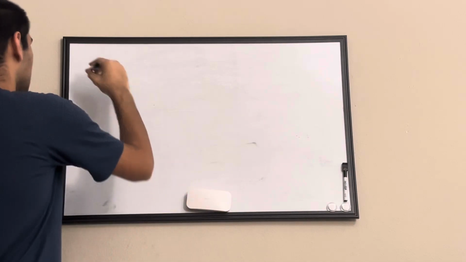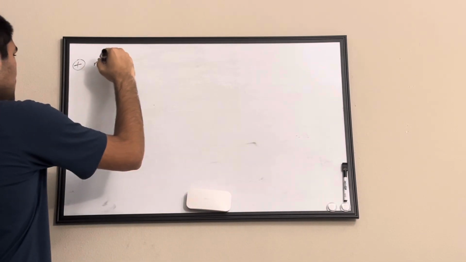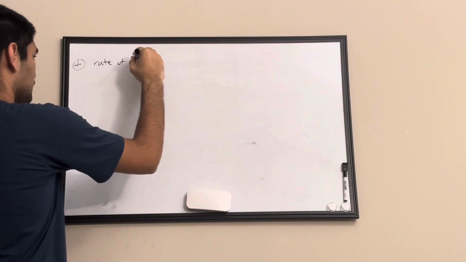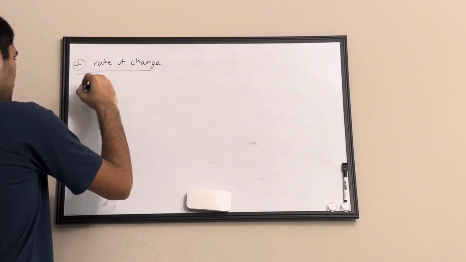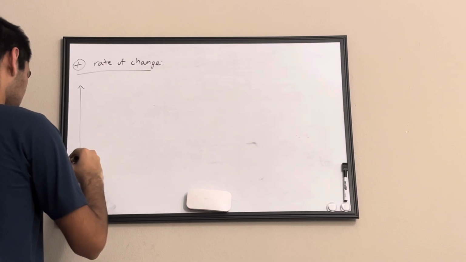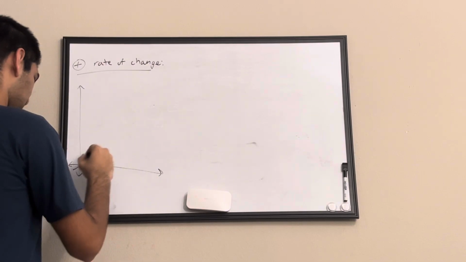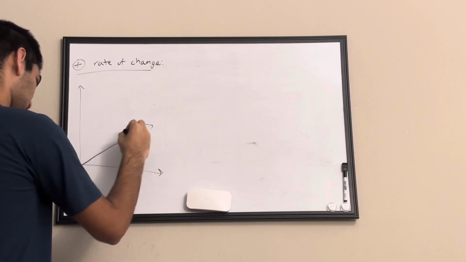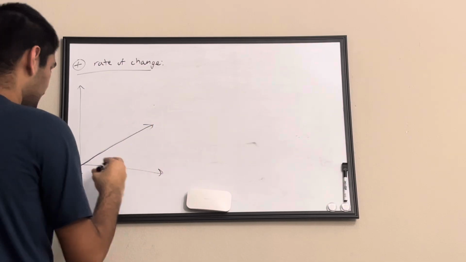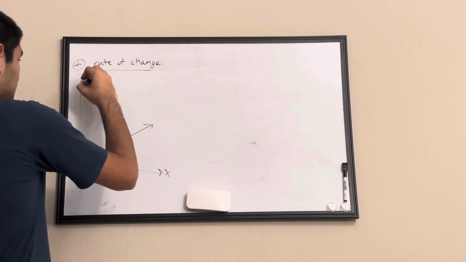Okay, so if you have a positive rate of change, let's just illustrate this with a graph. So it would look something like this, right? Essentially this is the x-axis, this is the y-axis.